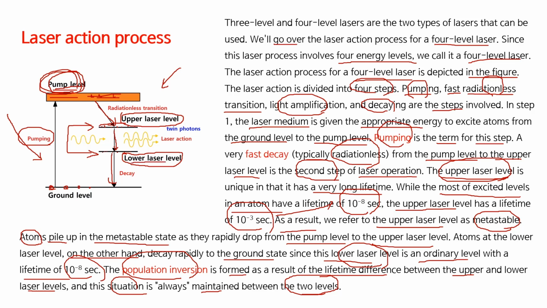So laser action is possible between these two energy levels. That means stimulated emission is possible between these two energy levels, since the population inversion is always maintained between these two levels.